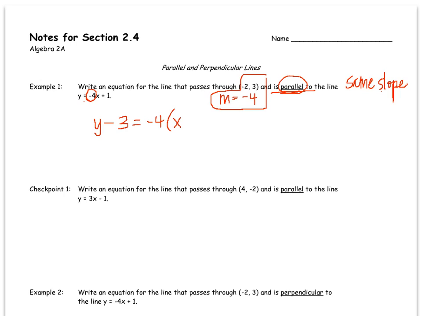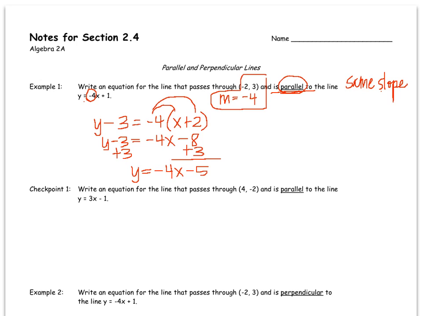Well, subtracting a negative means +2. Once I set it up, I just simply do some algebra. So y minus 3 equals -4x, and -4 times 2 is -8. To get rid of the 3, I add it. So I get y equals -4x minus 5.